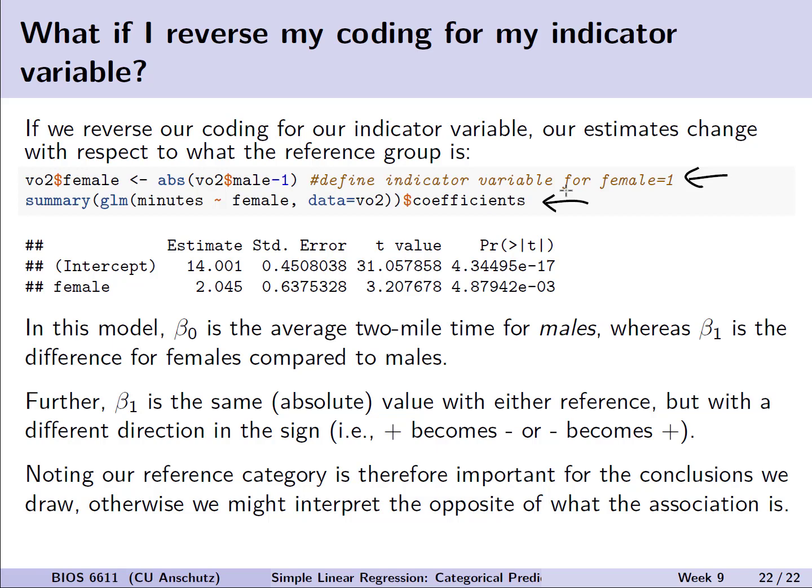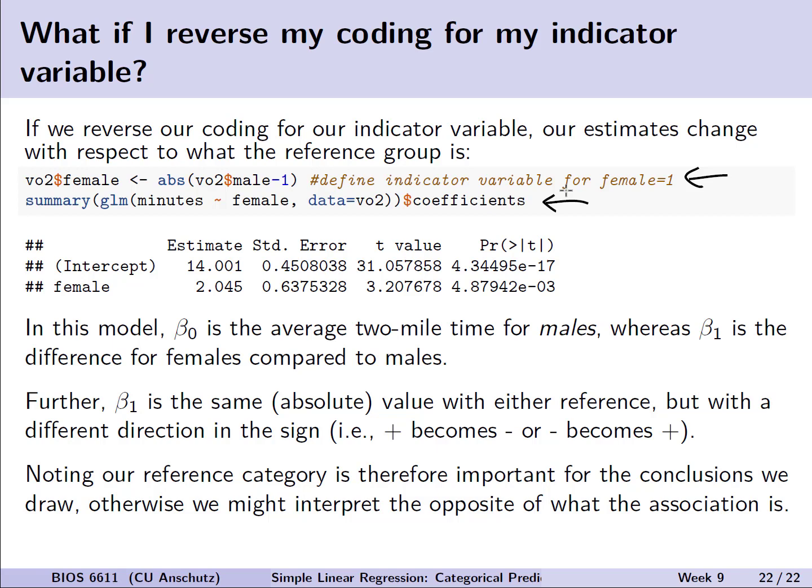When male was our predictor, we had negative 2.045 to indicate that with respect to the intercept term beta naught, males were 2.045 minutes faster. In this case, because males are the reference category and females are not, we're saying that females take 2.045 minutes longer to run a 2-mile run.